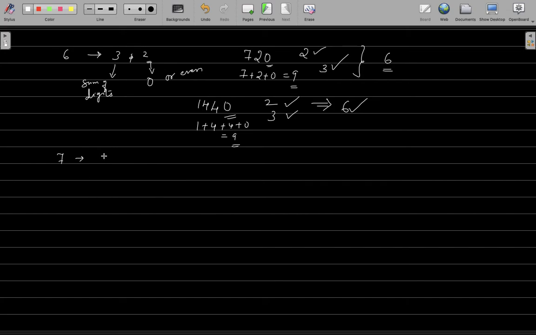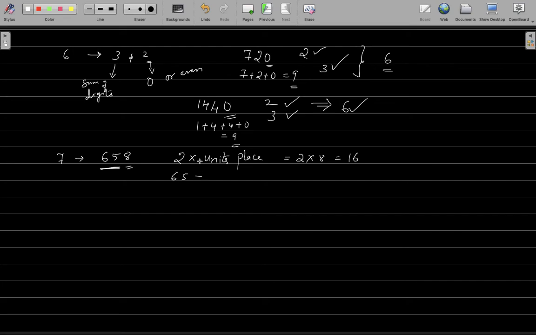Suppose I give you a number, say 658. What is the number in the units place? It is 8. So I want two times the number in the units place. That is 2 into 8, which is 16. Now I want the difference with the number formed by the remaining digits, which is 65.